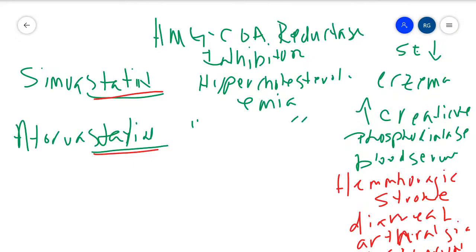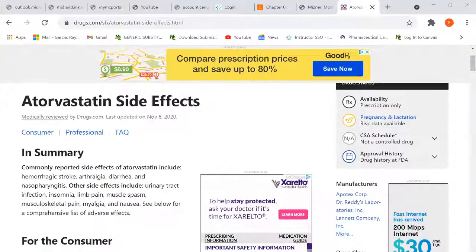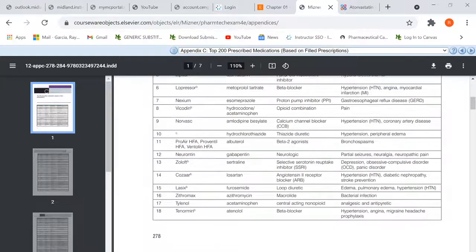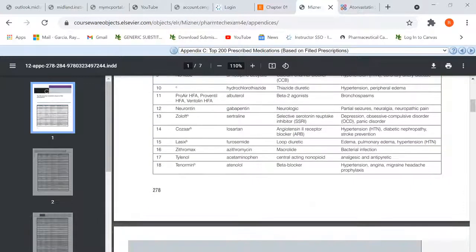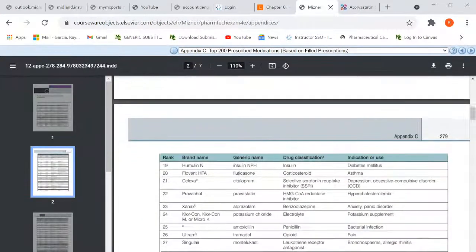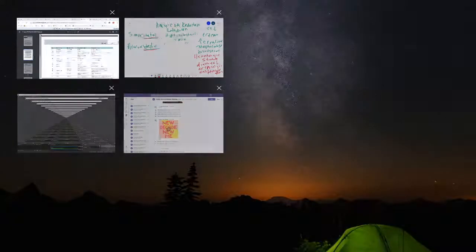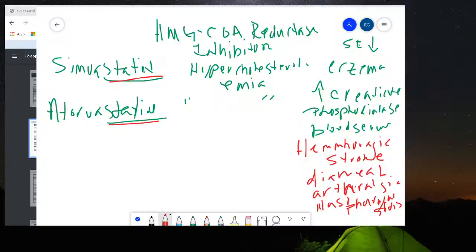Let's see if there's one more in there. I like to always have three, or look at the top 100 to 200. If I can find one more, that'd be great. Here's another one. Pravastatin, HMG CoA reductase inhibitor. Again, hypercholesterolemia.